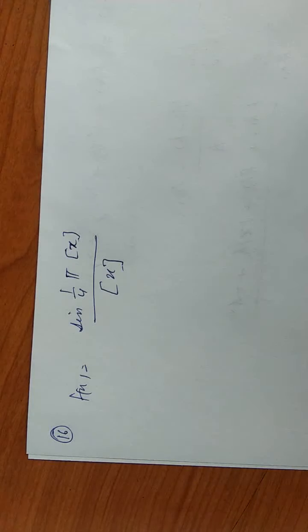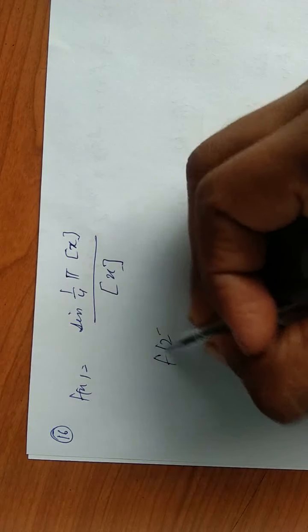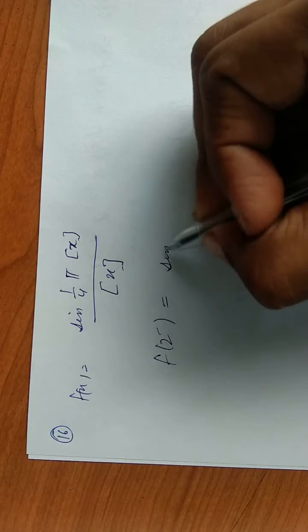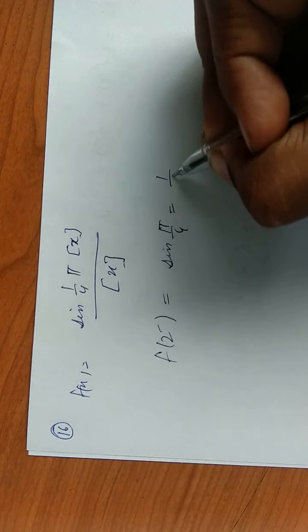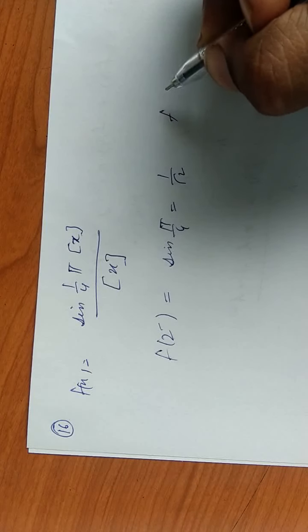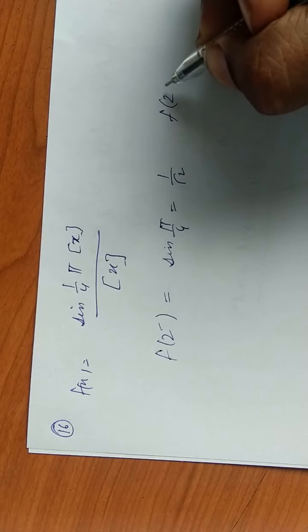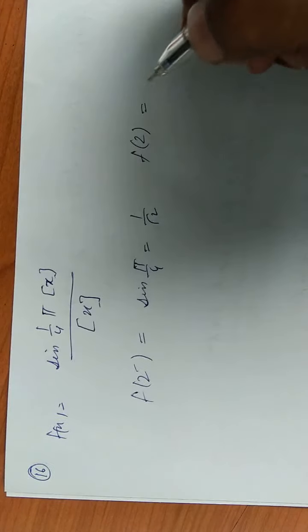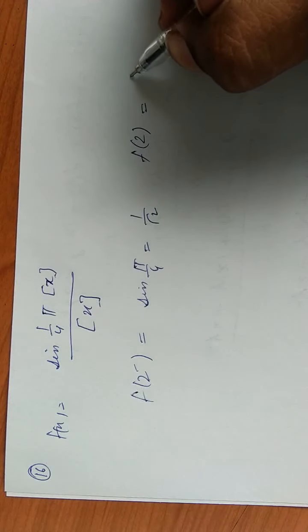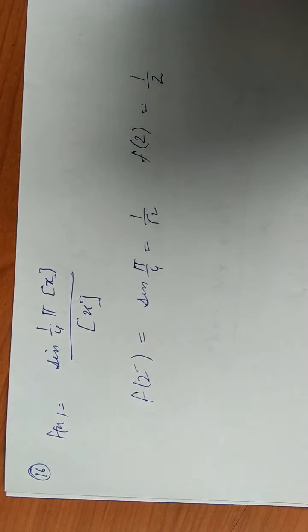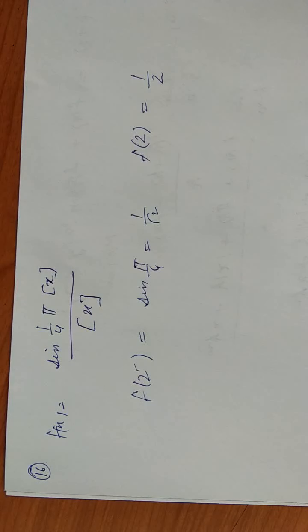Okay, so let's calculate at x is equal to 2. So f of 2 negative would be equal to sine of pi by 4, which is 1 by root 2, and f of 2 will be equal to 1 upon 2. Okay, moving to the next question, question number 17.